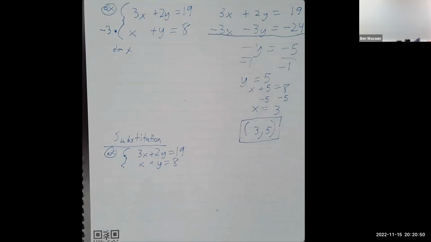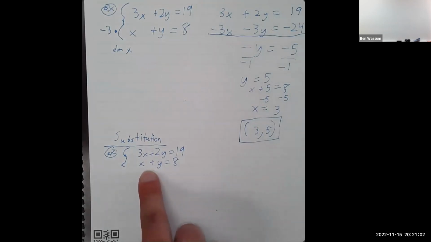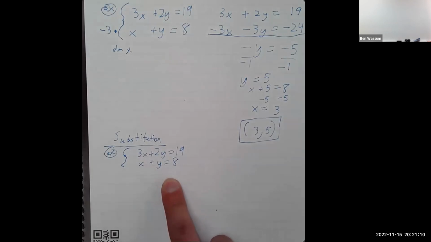So the substitution method hinges on taking one of your equations, solving it for one of the variables, and substituting it into the other equation. You usually find something that's going to work out nicely, like this last equation. I could solve for either x or y really easily. It doesn't matter which one you solve for.